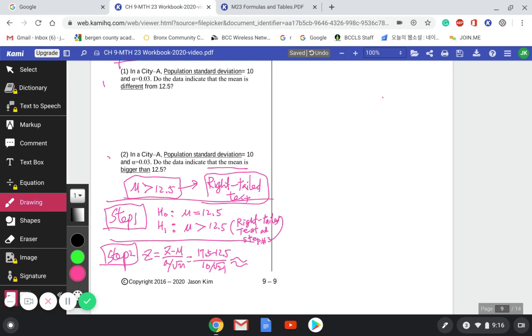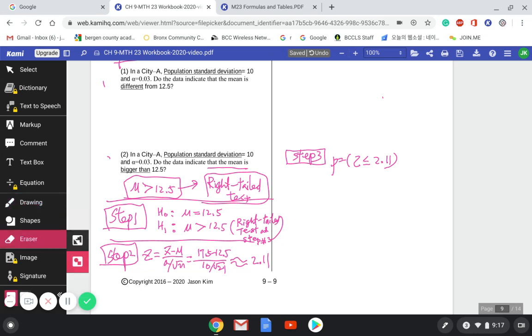We did this calculation already, so that's about 2.11 again. Okay. And step 3, you have to find the probability by using the z value, 2.11. Actually, the z value is in this case bigger than 2.11.